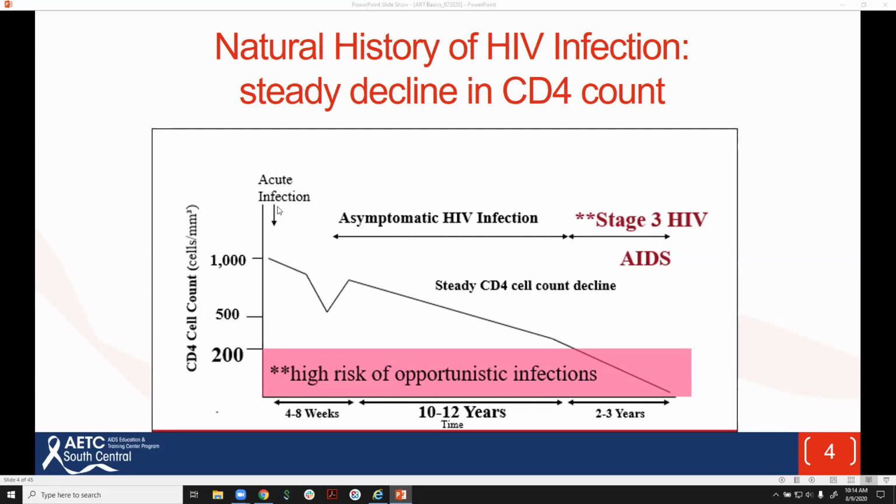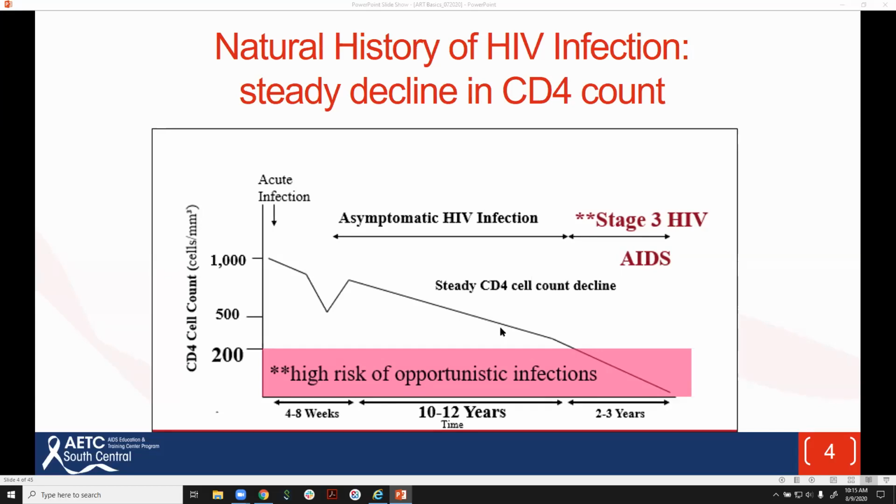After acute infection, the circulating CD4 cells die, and then there are additional activated CD4 cells that are recruited into circulation, and so we'll see a bump up in the CD4 count, and then over about a decade or more, there's a steady decline in the CD4 count.